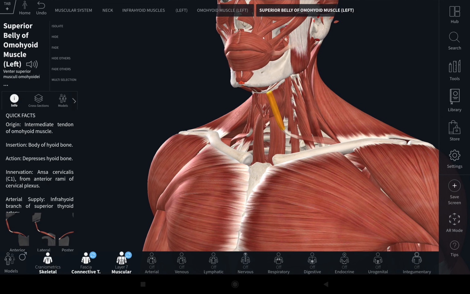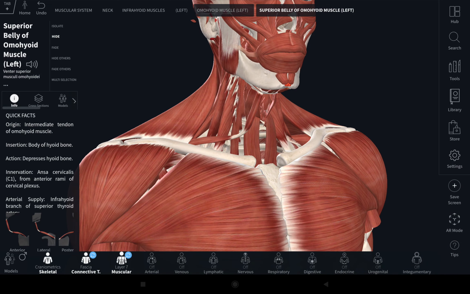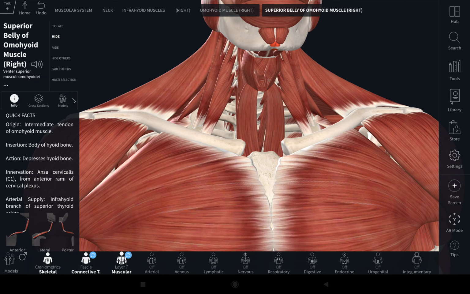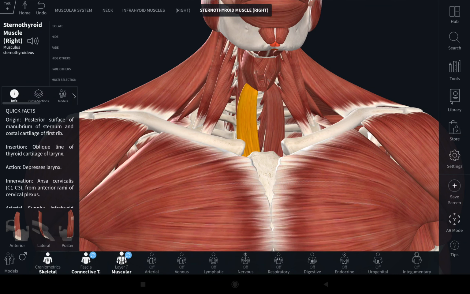We remove this. We remove the superior belly of omohyoid muscle. This is the sternothyroid muscle. Previously we discussed, this is the sternothyroid muscle. We remove the sternothyroid muscle.